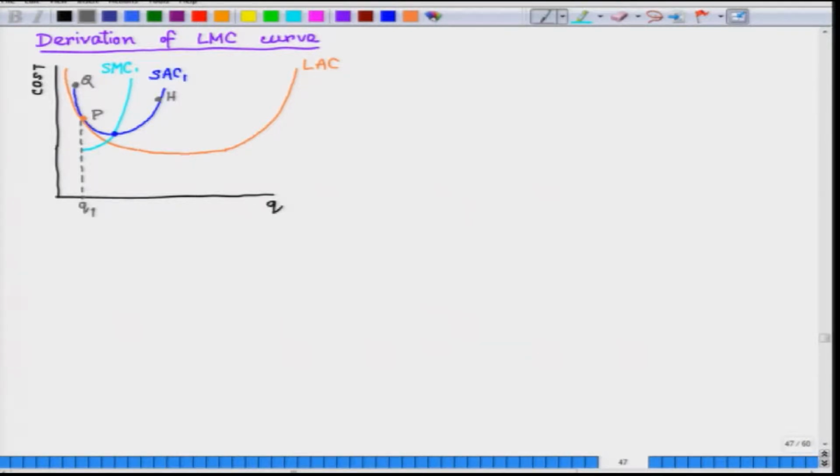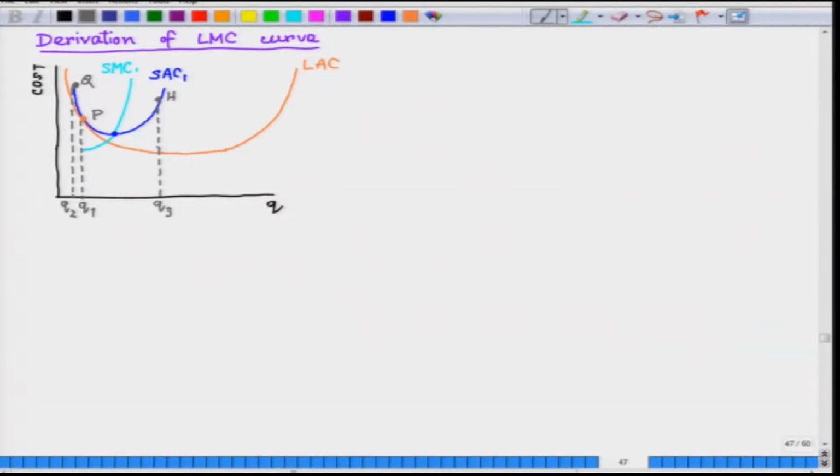Now I will draw another perpendicular line, this time from my point capital Q, and let that denote output level Q2. Similarly, I will draw a perpendicular line to denote the output level, which is Q3.